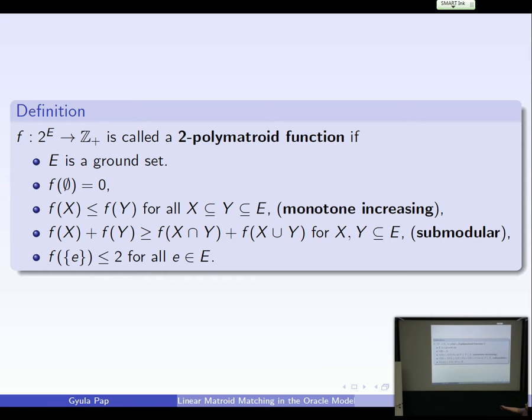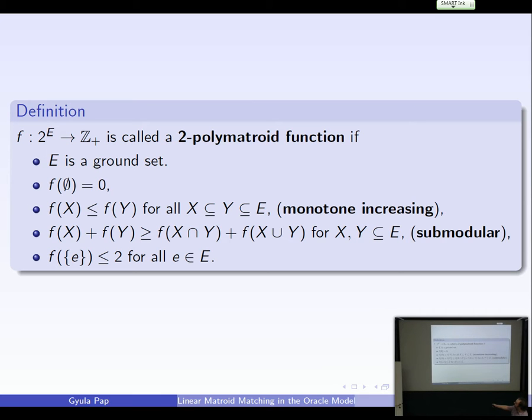It is a set function that has non-negative integer values, called a two-polymatroid function because we have things like this for the matroid rank function: the empty set is 0, and for any pair of subsets X and Y, where one is a subset of the other, we have this monotone increasing inequality and the submodularity.